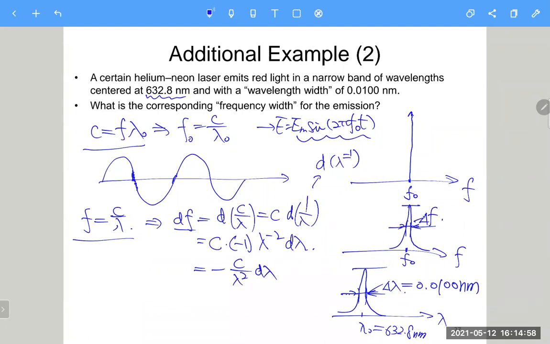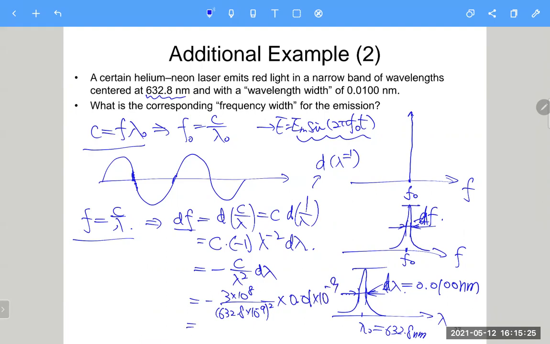Then we can plug in the values: minus 3 times 10 to the 8th power over lambda, which is 632.8 times 10 to the -9 power, squared, and then times delta lambda, which is 0.01 times 10 to the -9 power.